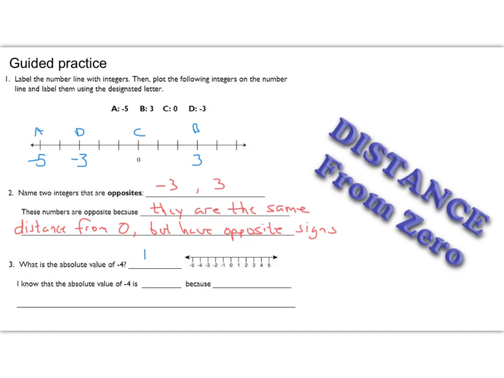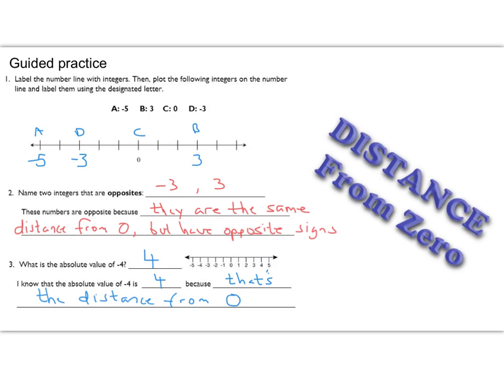All right, so if you look at question 3, what is the absolute value of -4? We know, of course, that that is 4. I know that the absolute value of -4 is 4 because that's the distance from 0.